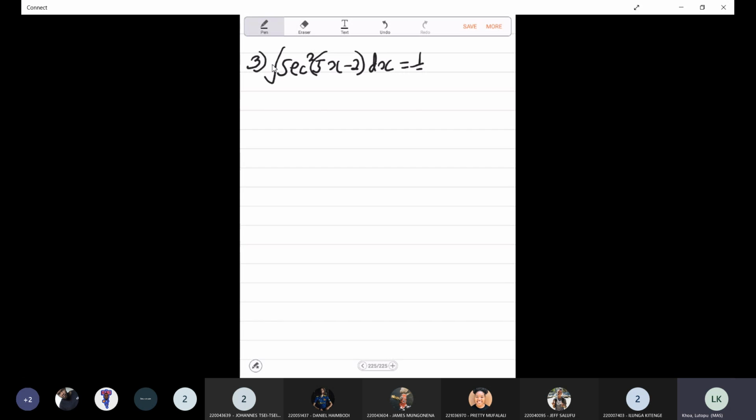So I have 1 over 5, the integral of sec squared of 5x minus 2 dx. And now this is in the form that I want it to be in, so I just integrate. So this is 1 over 5. The integral of sec squared is tan. So this is tan of 5x minus 2. Then you add your constant of integration.